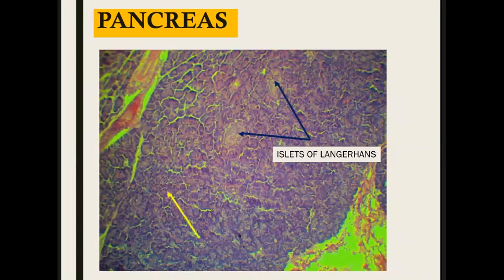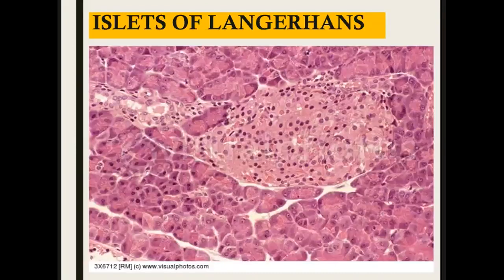The ones with yellow arrows are our pancreatic acinar cells, and that would be your exocrine part. The islets of Langerhans are the endocrine part. They secrete hormones such as insulin and glucagon that control your blood sugar levels throughout the day.